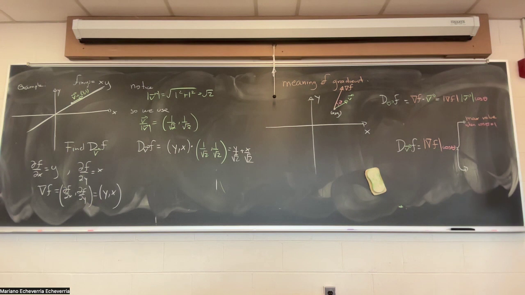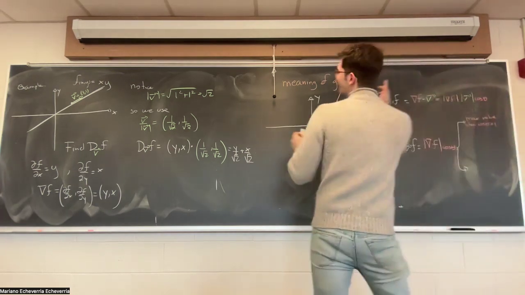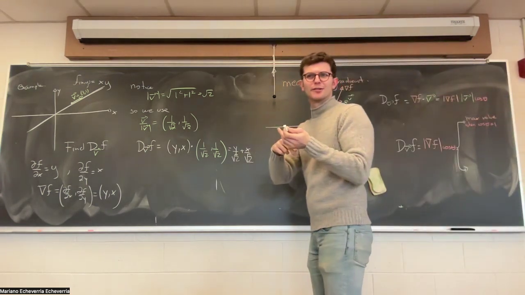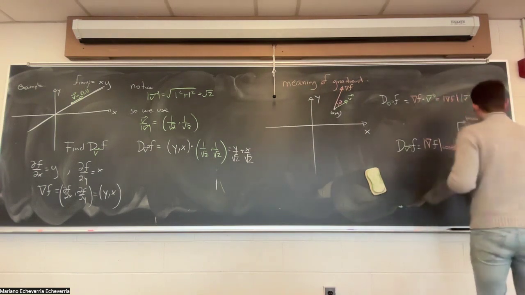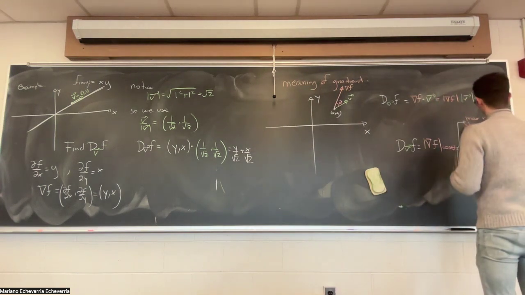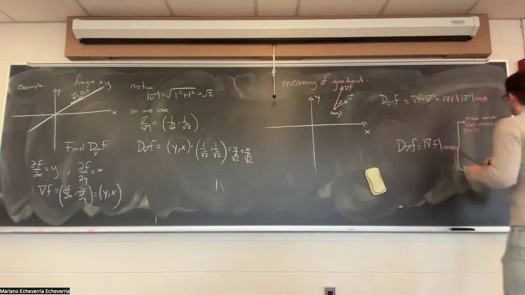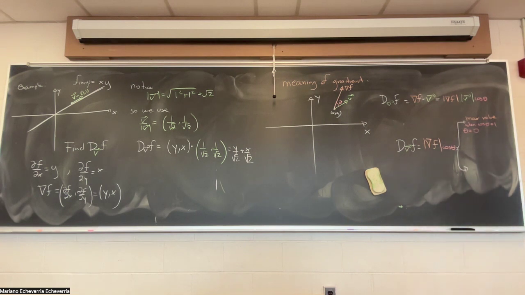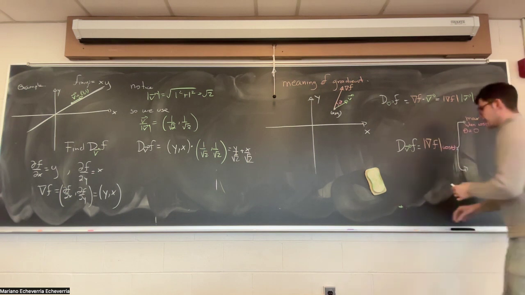What does it mean for the cosine to be 1? If the cosine is 1, that means theta equals 0, right? So in terms of a picture, what I'm saying is that the maximum the directional derivative can ever be is when the direction and the gradient are parallel, right?